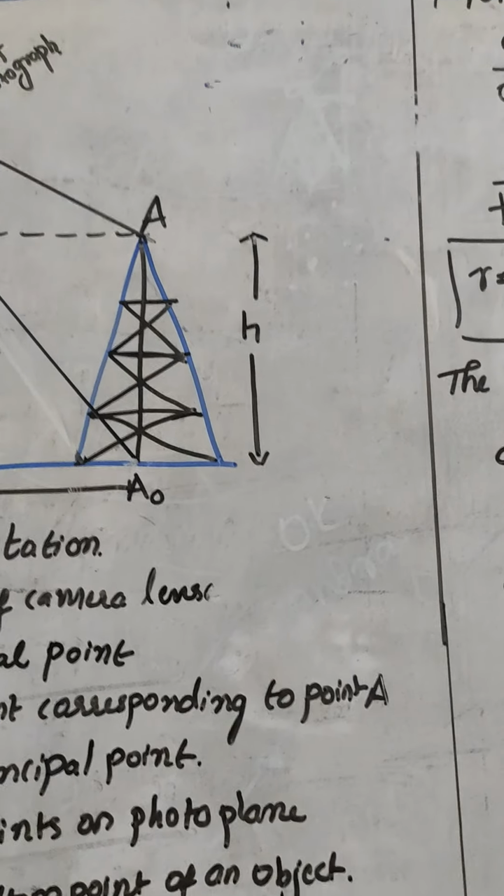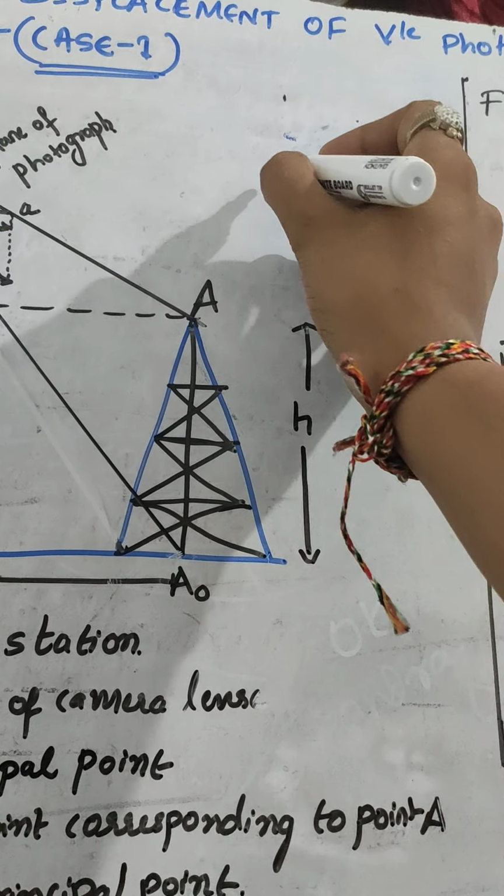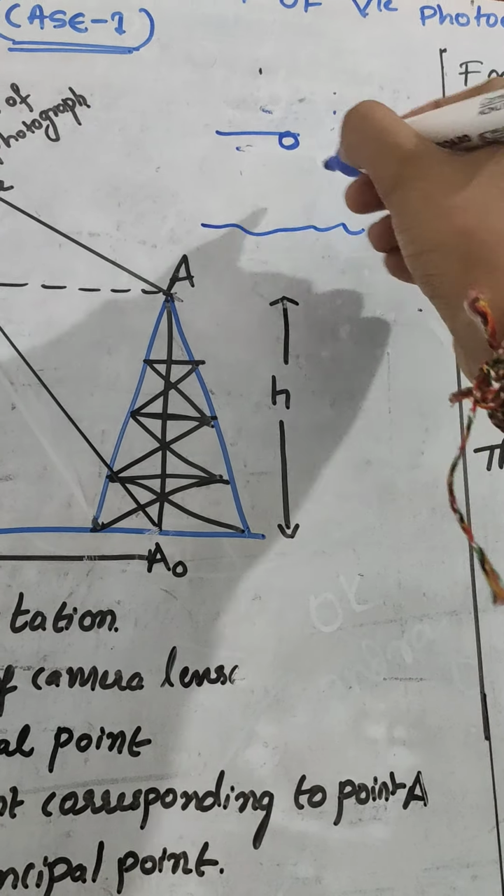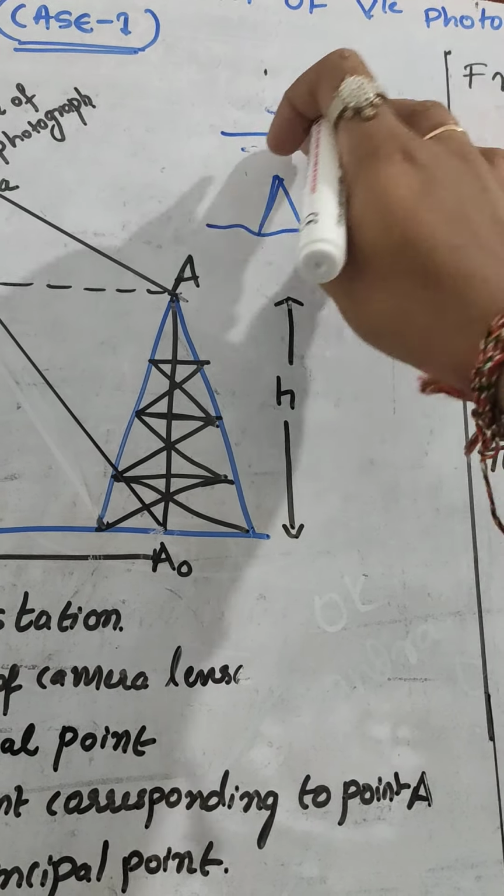Okay, for example, let us consider a plane here. This is a lens and this is the object it is focusing.